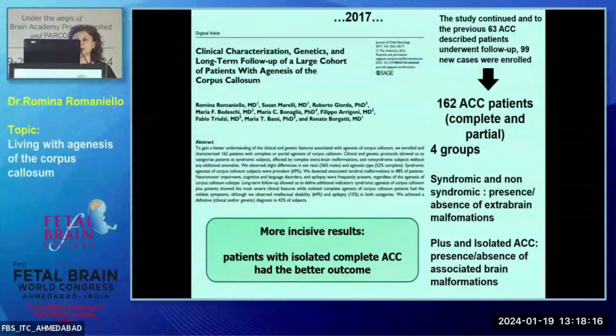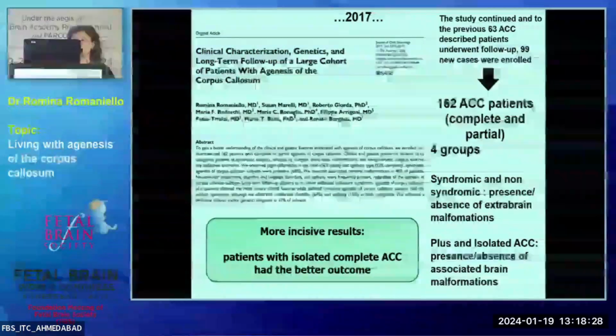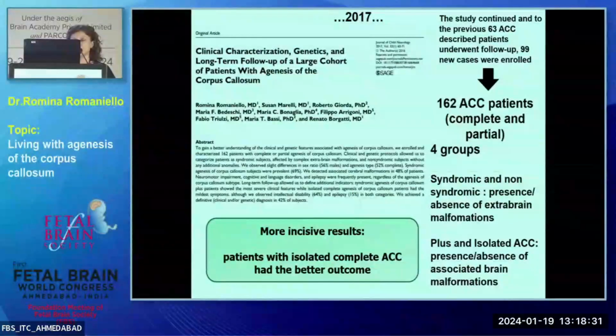They were divided in 4 groups: syndromic and non-syndromic patients on the basis of the presence or absence of extrabrain malformations, plus isolated ACC patients on the basis of the presence or absence of associated brain malformations. This study led to more incisive results, and we concluded that patients with isolated complete ACC had the better outcome.